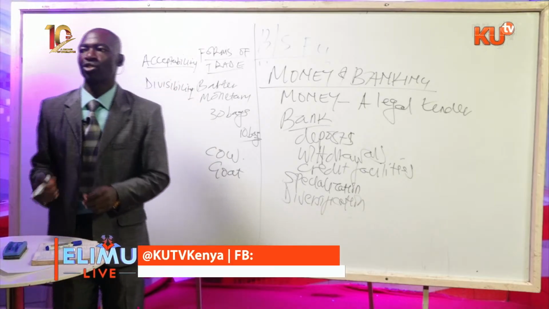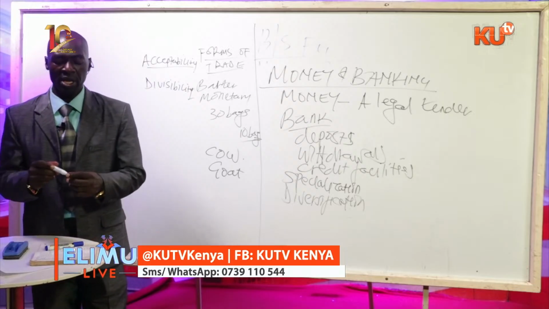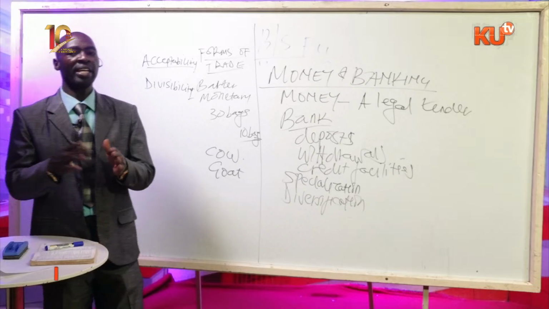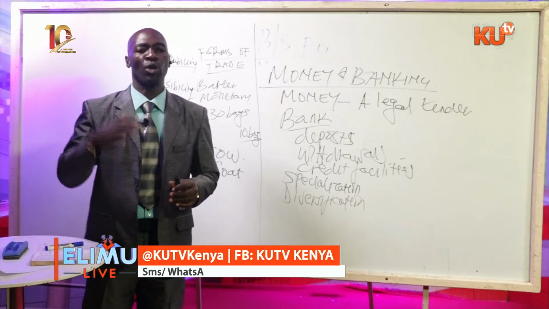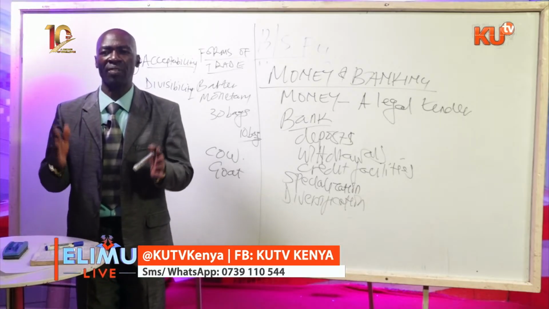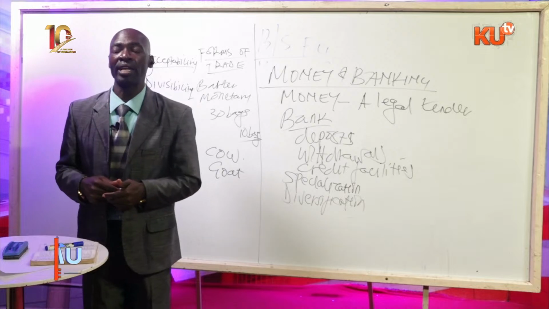Divisibility. Here, money, being a medium of exchange, should be anything that can be divided into smaller units. If you find money that is not able to be divided into smaller units, it lacks the quality of a legal tender.